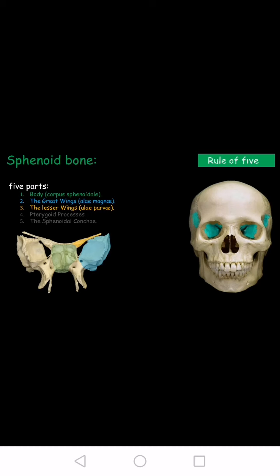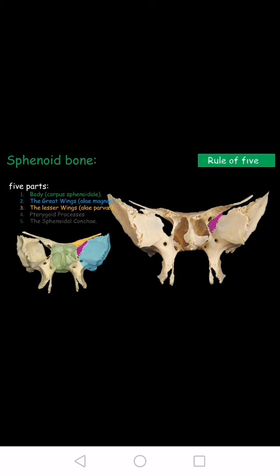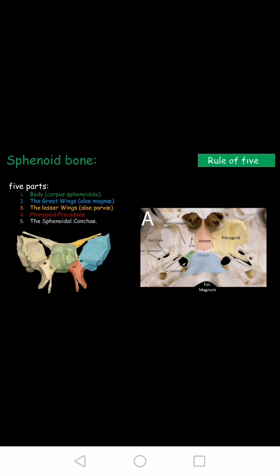The lesser wing, which with the greater wing will make the superior orbital fissure, and you can appreciate also here the optic nerve, the optic canal is within the lesser wing.